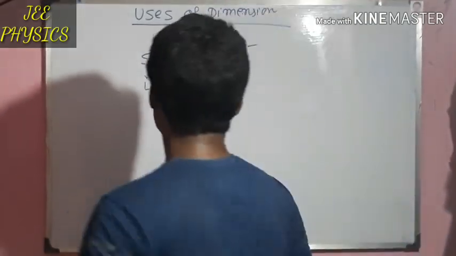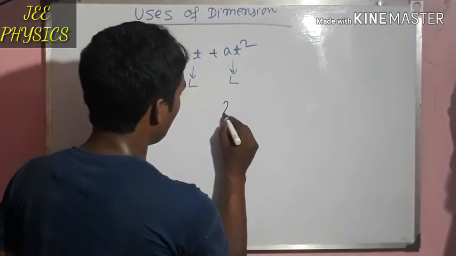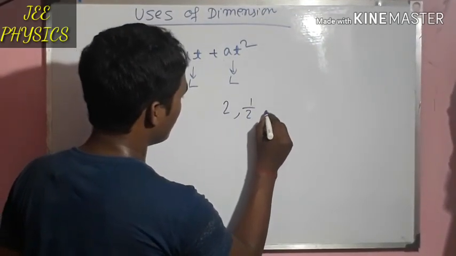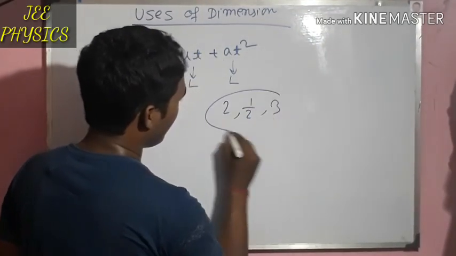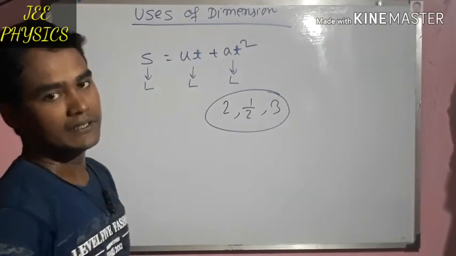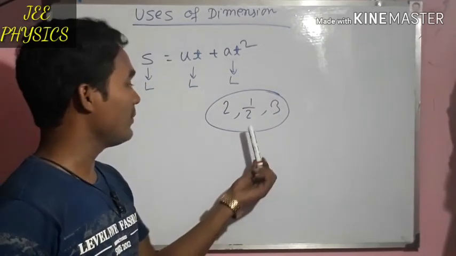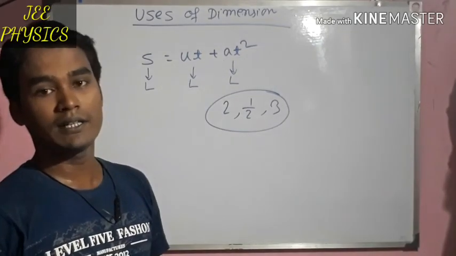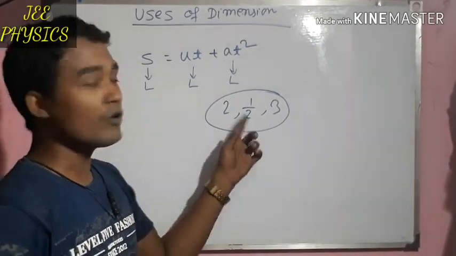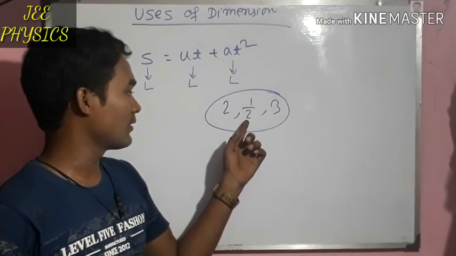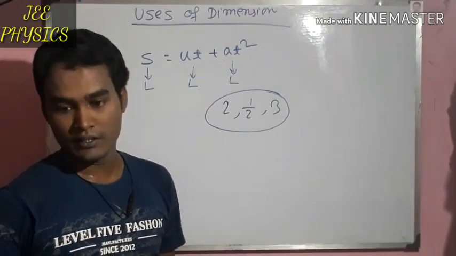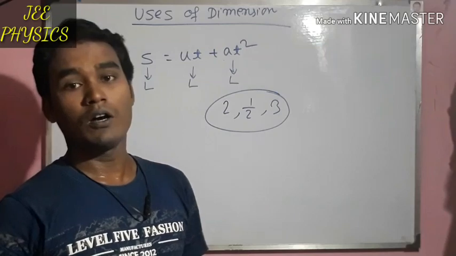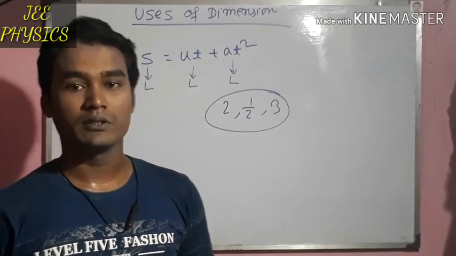Because the numbers 2, half, 3, all are dimensionless. So when dimensionless numbers come in an equation, they will not change the dimension. So whether you write that constant or not, it will not alter the dimensional formula of the equation.